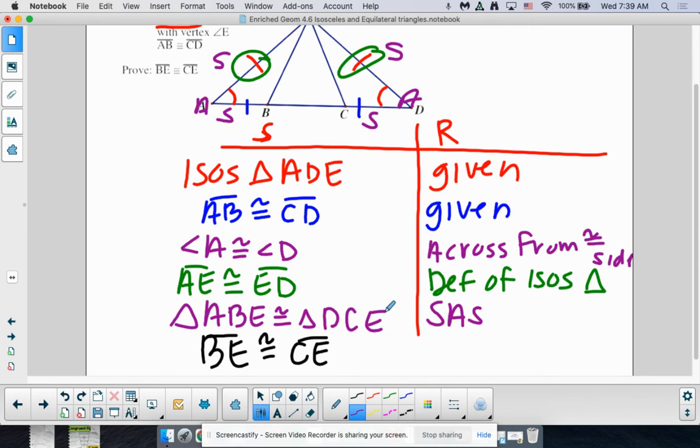So now we can look either at our picture, we notice that BE and CE are in matching spots, right? Or if we look at our congruent statement, BE is right there, CE is right there, so they're in matching spots. So if you remember from yesterday, the theorem that says if you have congruent triangles, then corresponding parts are congruent is CPCTC. Corresponding parts of congruent triangles are congruent.